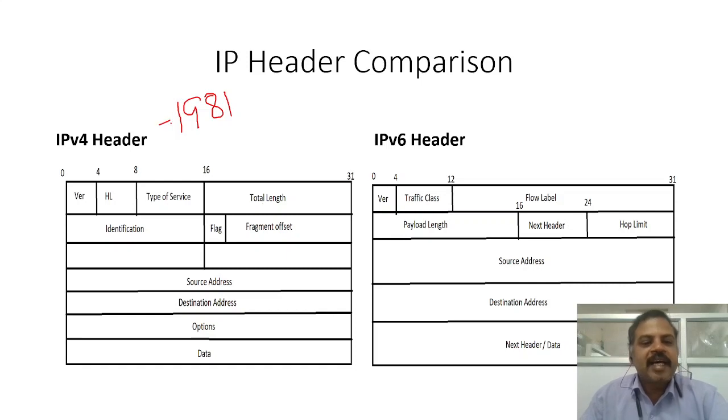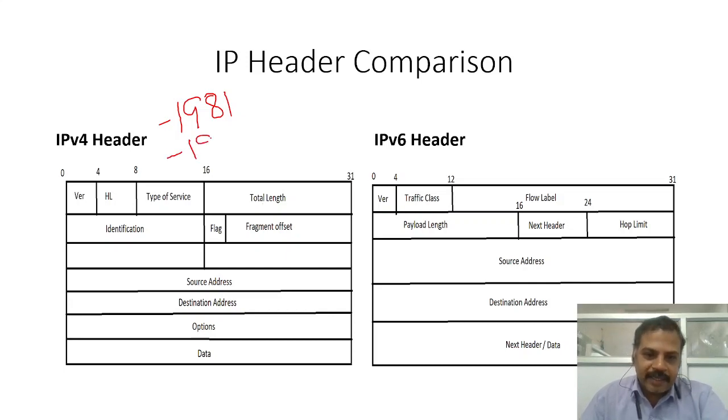When they designed the IPv4 protocol, the internet designers didn't visualize this much growth in the internet, and so many computing devices participating in it. So IPv4 was a 1980s design. Considering that scenario, they designed the IPv4 header.